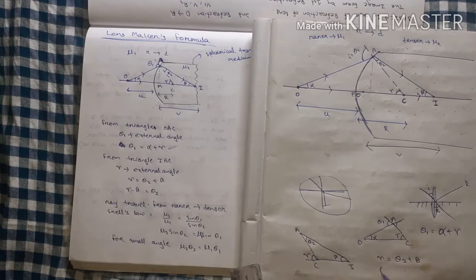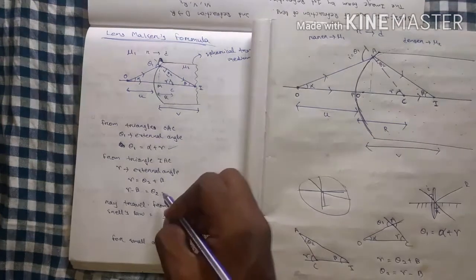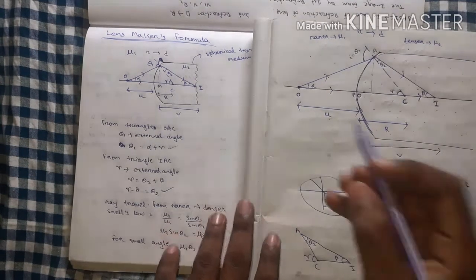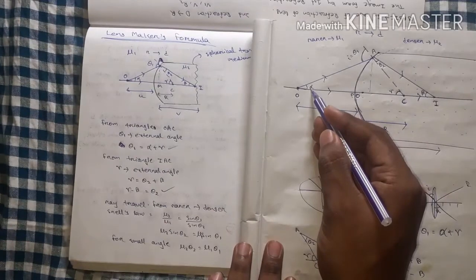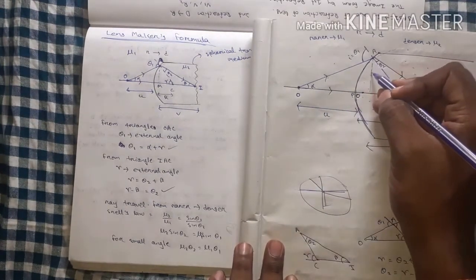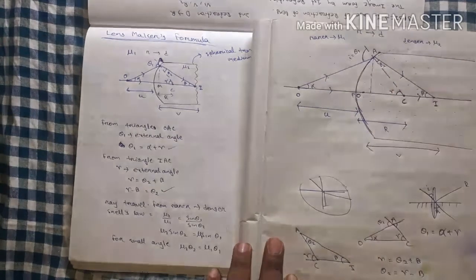If I want theta 2, then it is gamma minus beta. Understand? Okay, fine.